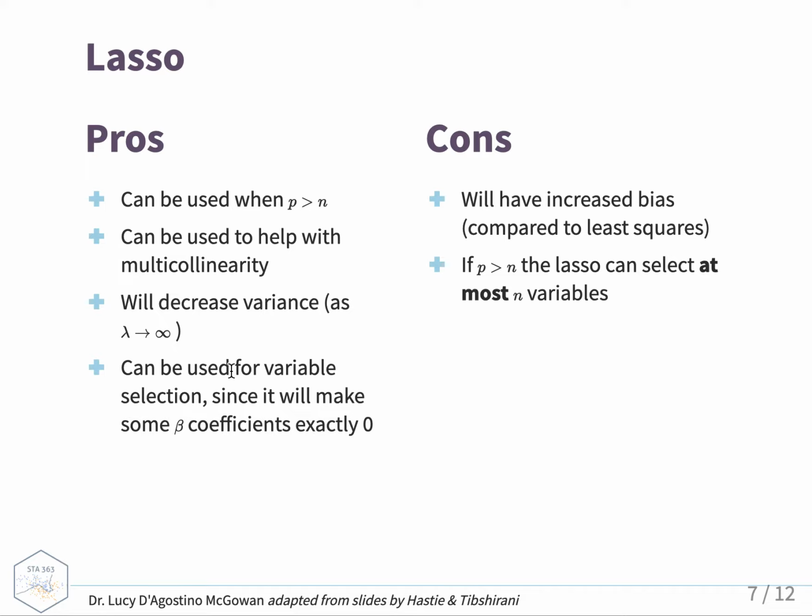So it's never going to select more variables than there are samples. And so what that means is that regardless of what your lambda value is, you're going to be dropping at least the difference between p and n variables. They're going to be shrunk all the way to 0. It's just going to be how the model forces it to happen.